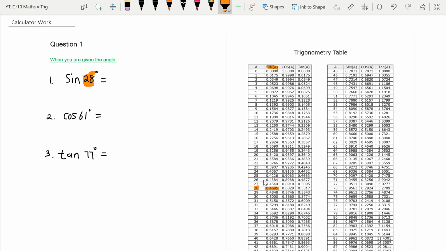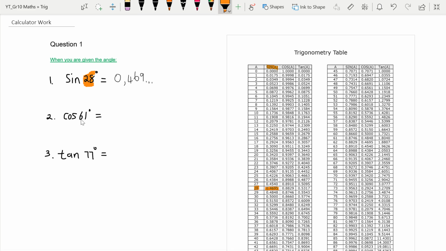Let's go to our calculators. Sine 28 degrees, and your calculator gives you the same 0.469, and then there are some more decimals, so make sure that you stick to your rounding instruction and that you do that correctly for the section, grade 10. So important.